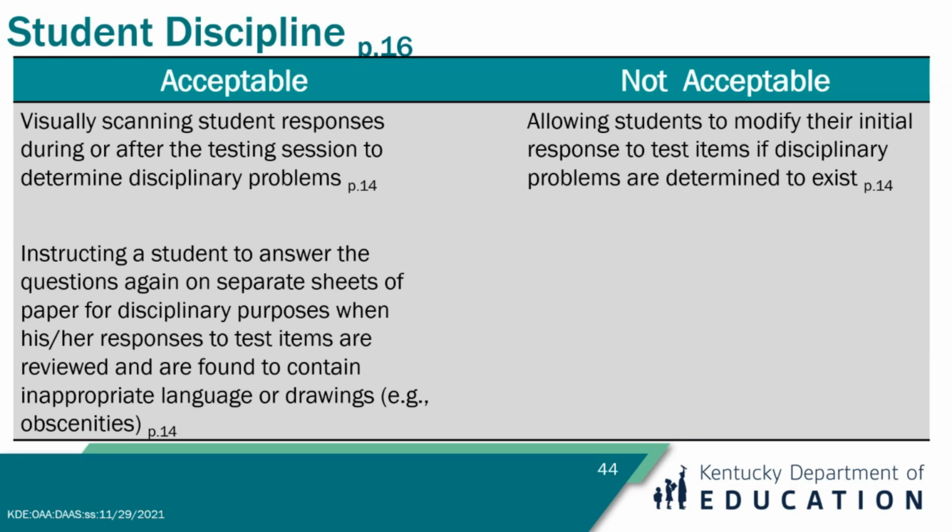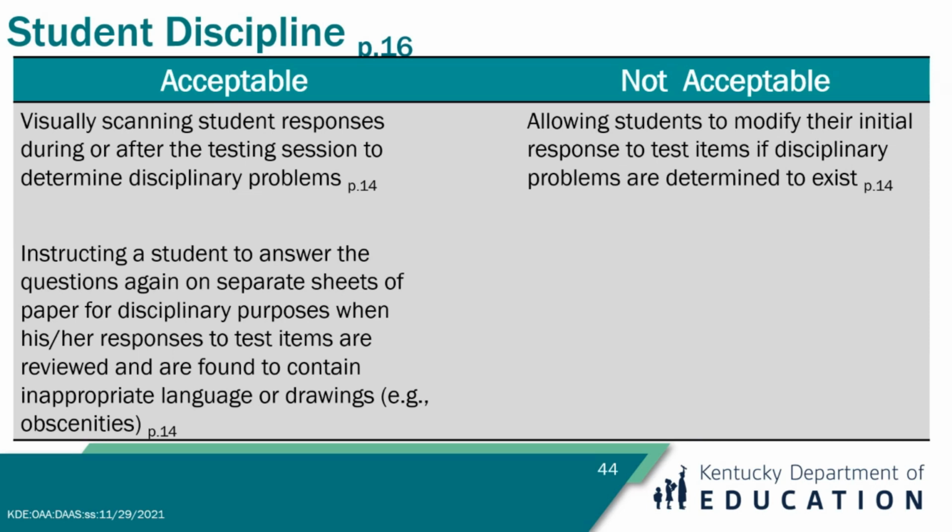When a student's responses to a test item or items are reviewed and found to contain inappropriate language or drawings, the student may be instructed to answer the questions again on a separate sheet of paper for disciplinary purposes. The original responses shall be submitted for scoring to the testing contractor.